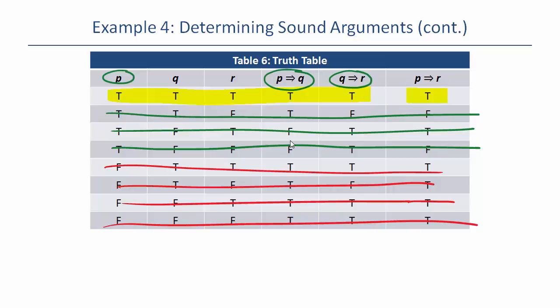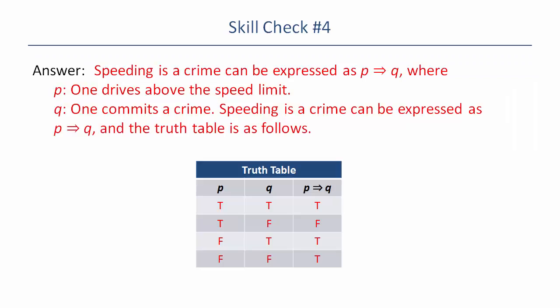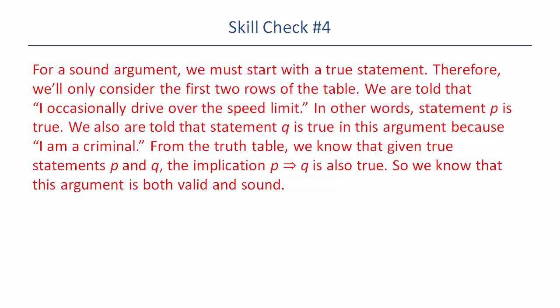And you just keep doing that until you've done that for all the premises. Then whatever's left, you look at what your conclusion is. If your conclusion is true, then the argument is valid. If your conclusion is not true, then it's not valid. So you can try it on this one. And here's the solution, with more explanation.